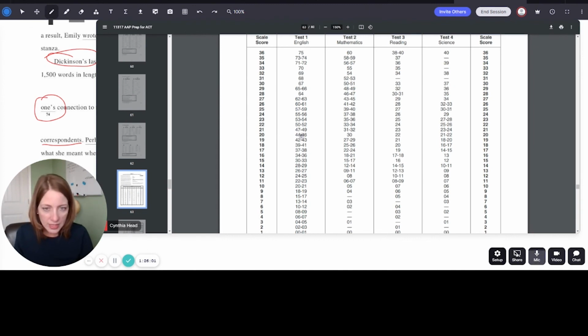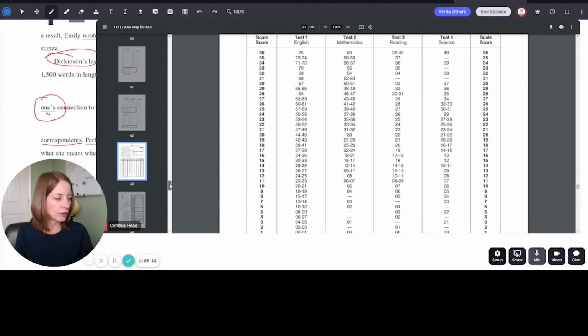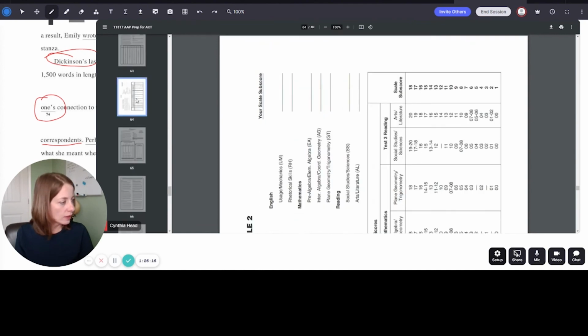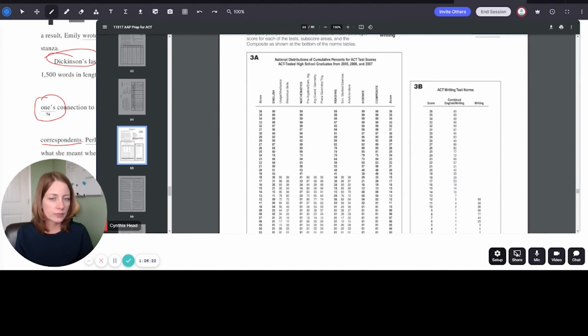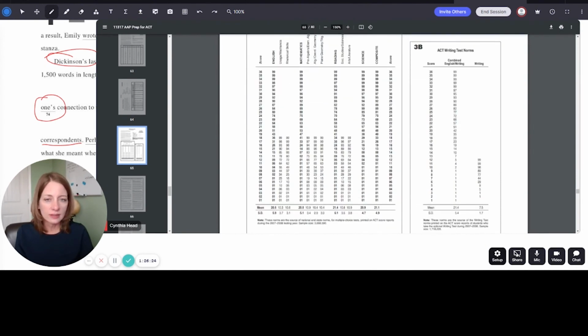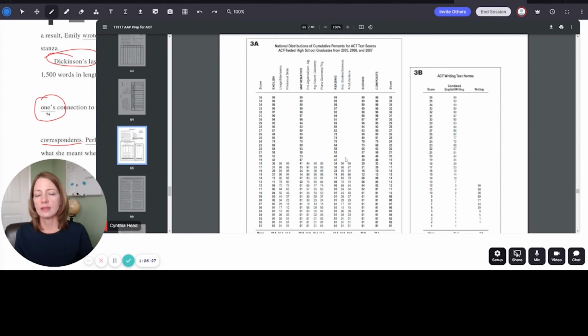National average is a 47 correct, 21. Let me show you something else. So just pause this if you want to see that more. What's kind of interesting on this page is you can see how students performed on this.